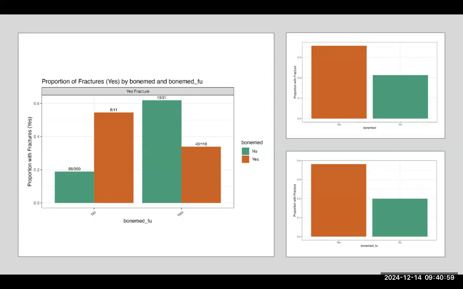And this would suggest that potentially consistent use of medication is associated with a moderate or slightly reduced risk than not taking medications consistently. And those categories are in the center, so either women who only took medication at enrollment but not follow-up, and vice versa. Those are the highest bars with the highest proportion of fractures.